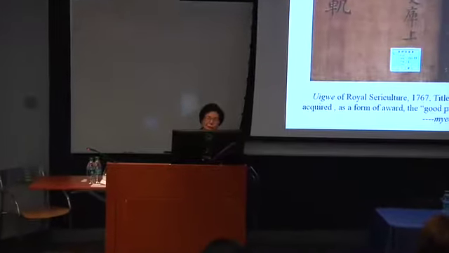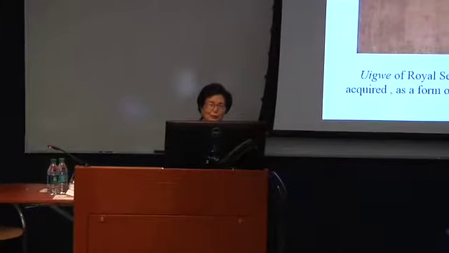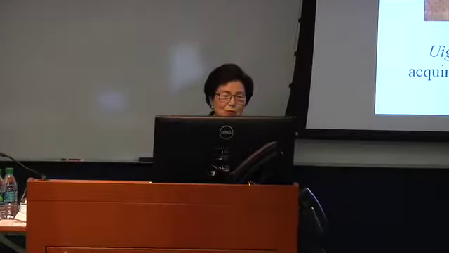Or I found other records of this change of status, which is if you catch a thief or something, you do valiant things for the society, then you can ask for a change of status. But once you become yangmin, then your descendants will all be yangmin from that time on. So this is a great social movement, a social status movement, very important.